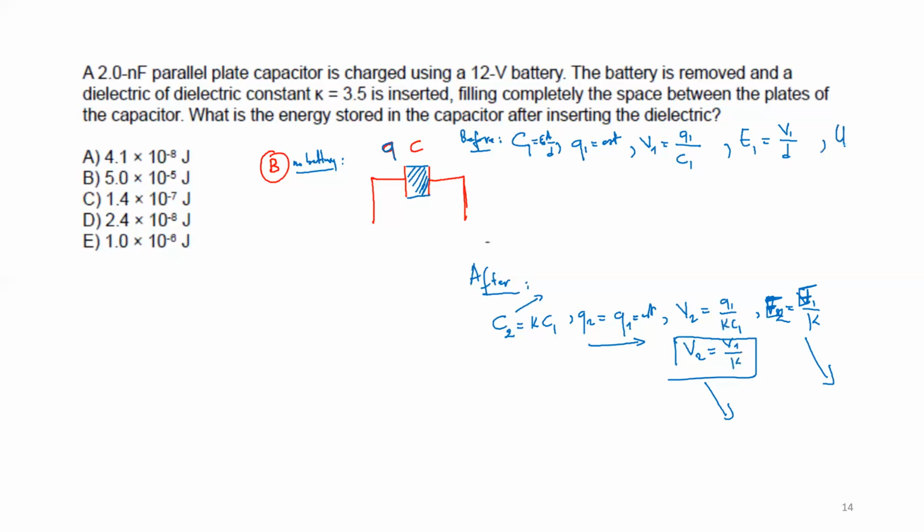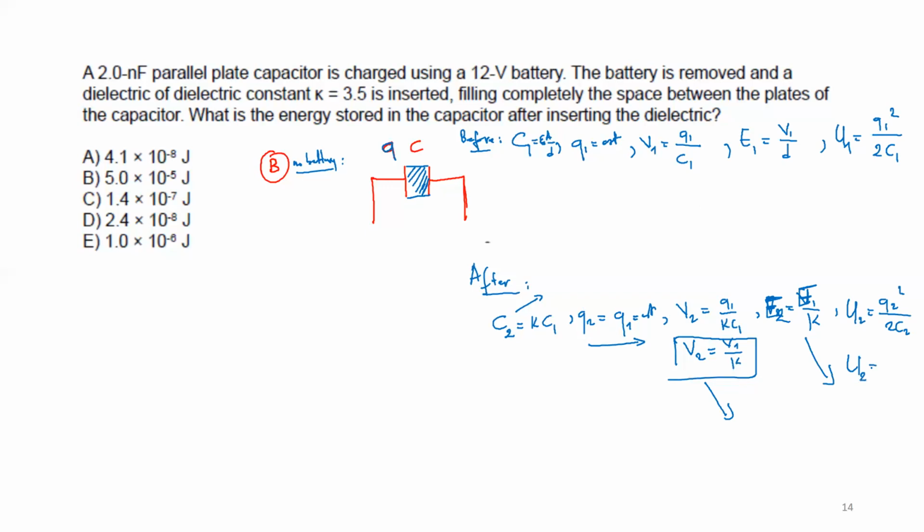Now what about the energy stored, U1? Now U1 here, it says that U1 is Q1 squared divided by 2C1. Now U2 will be Q2 squared, which is Q1 squared because the charge is conserved, but divided by 2C2, and C2 has been increased.